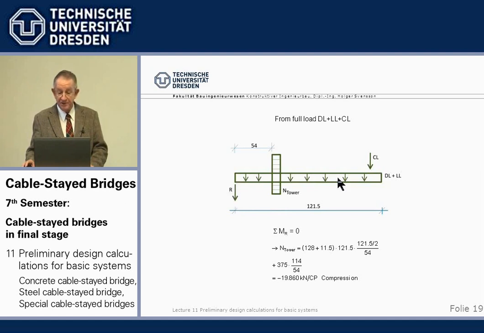Okay, then we have just to take this whole thing and we arrive at the support reaction here of our second support, very simple, which is the normal force in the tower.